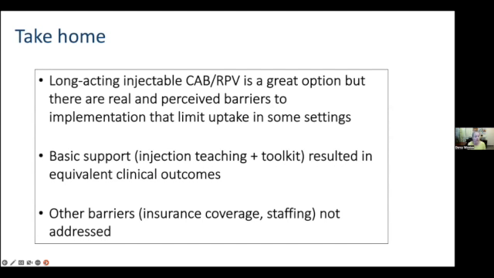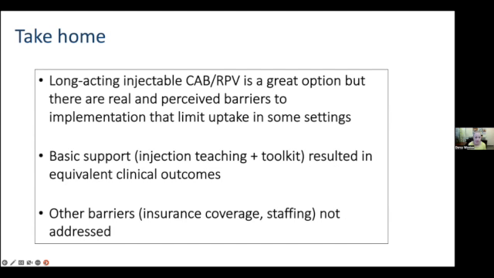When I talk to people at different sites who don't have as much infrastructure, they haven't really started using this, or there are only a few patients here and there who have started on it. So I think there are both real as well as perceived barriers to rolling this out. And I think this is a really great option for many patients.